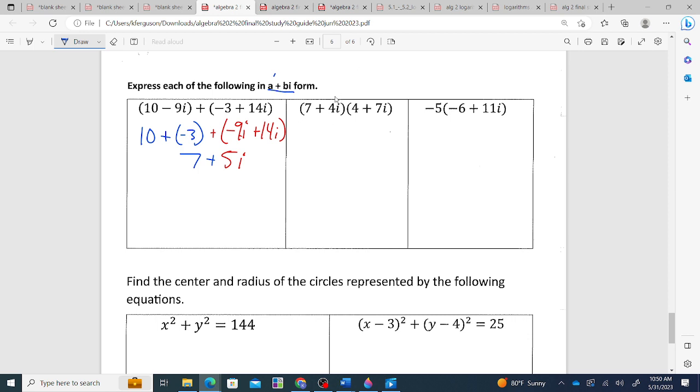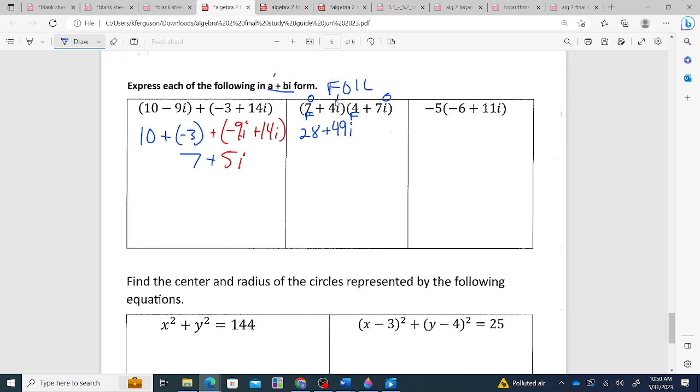So right here, you need to do FOIL. FOIL or the box method. I don't know which one you guys use. So 7 times 4, that's 28. That's the first term times the first term. And then you got the outer terms that you multiply. So that's 7 times 7i. That's 49i.